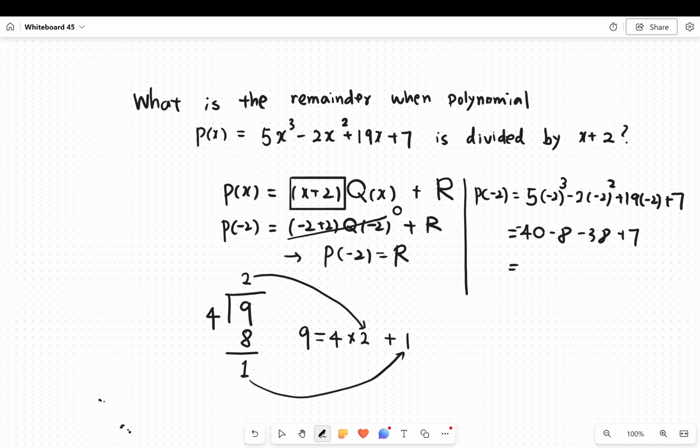So if you add all the negative numbers, -48 minus 38 is -86.